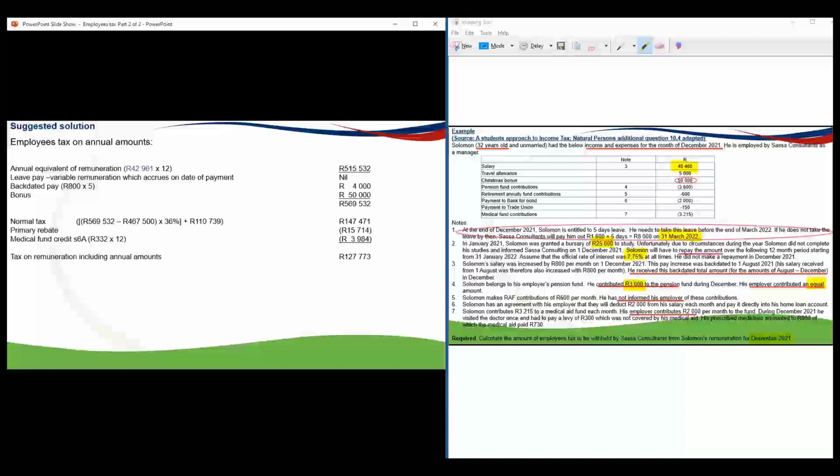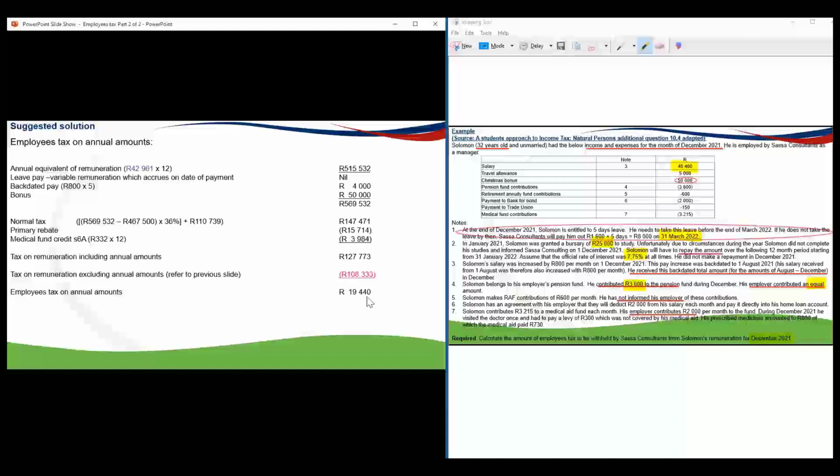For us to look at what is the amount of tax on the annual amount, we will take the difference between the tax on remuneration excluding annual amount, so that is our first calculation, as well as the second calculation, right? And that difference of 19,440 will be the employee's tax on the annual amount.